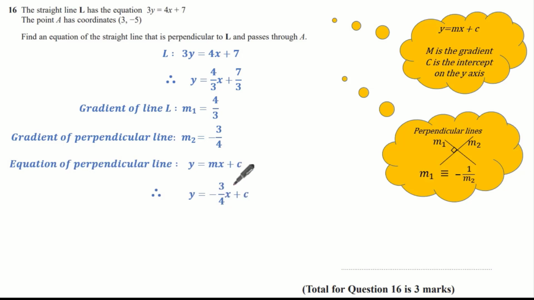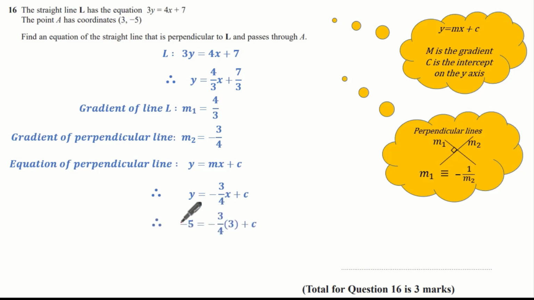So let's see if we can find c. Well, we know our perpendicular line goes through the point (3, minus 5). So we can substitute our x value for 3 and our y value for minus 5 into our equation so far, and then we can find c.